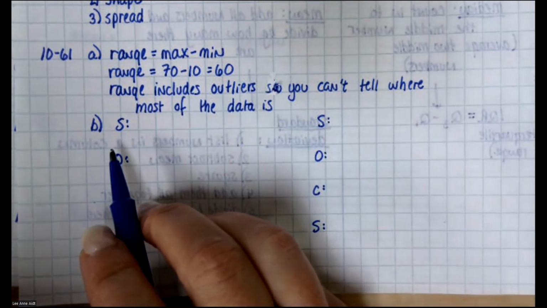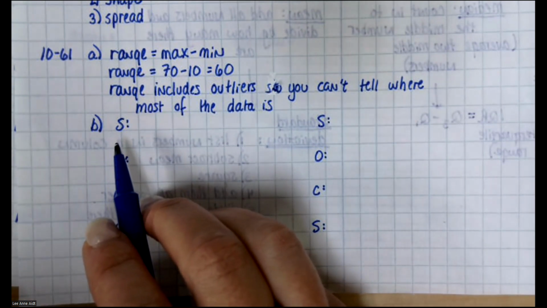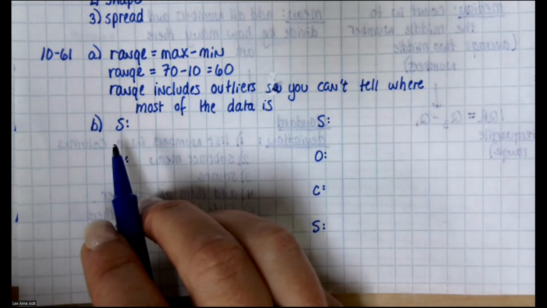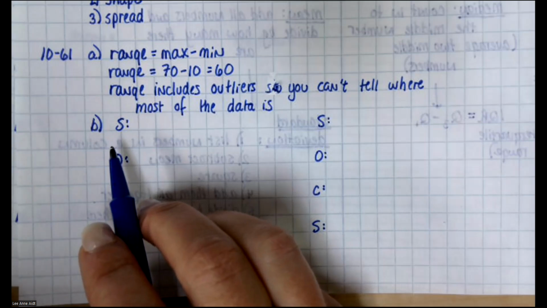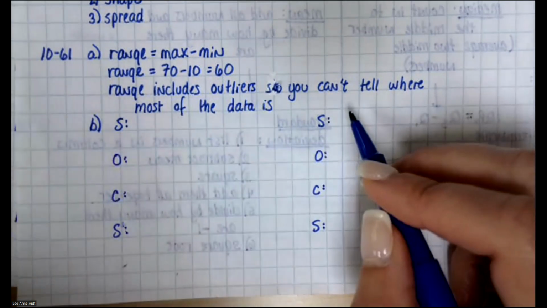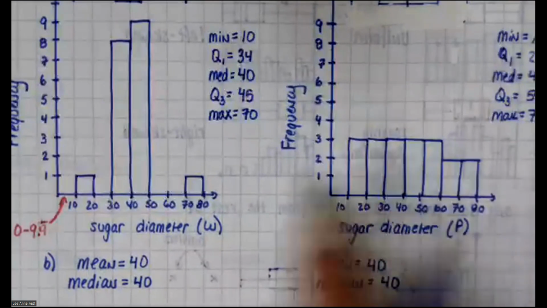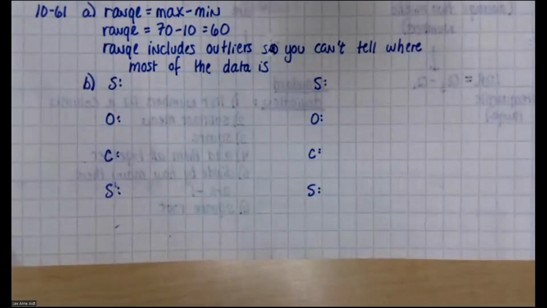What is the shape for sugar W? That's this one. This one is uniform. What's this one? It's called roughly symmetric.